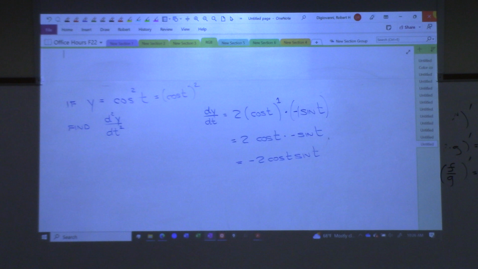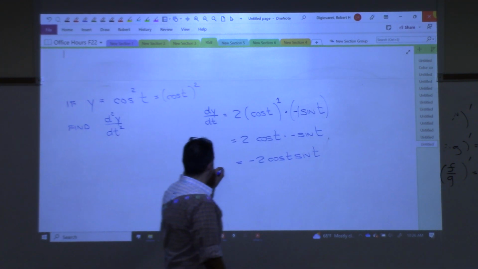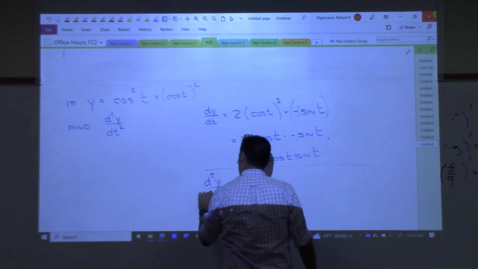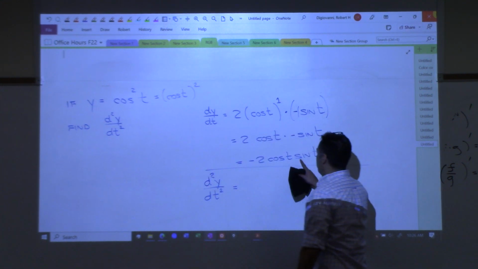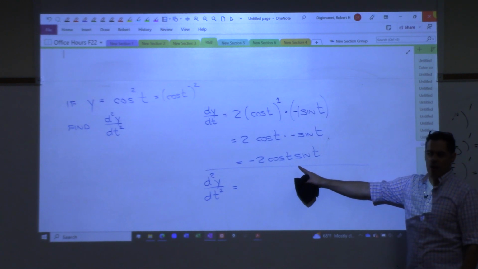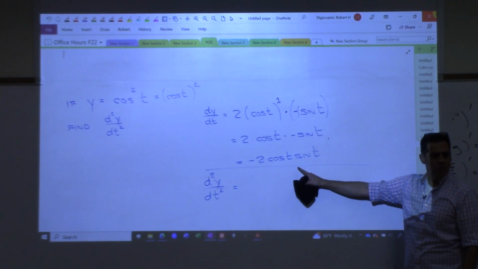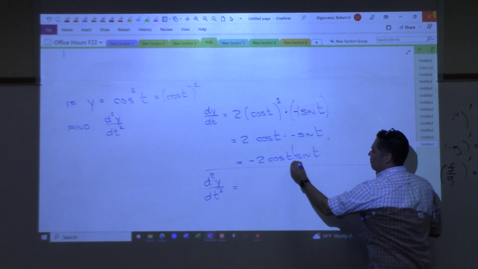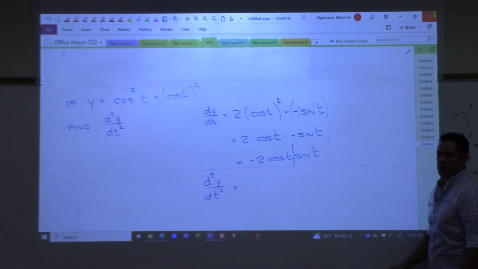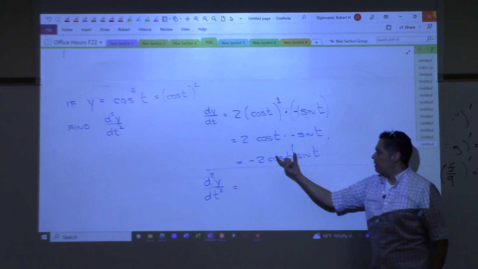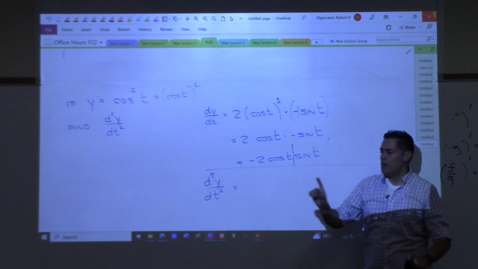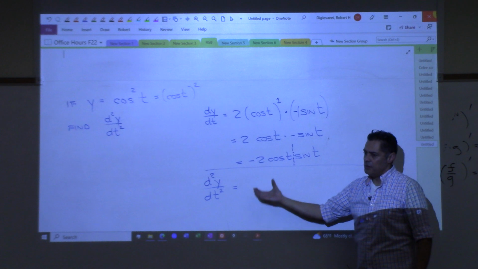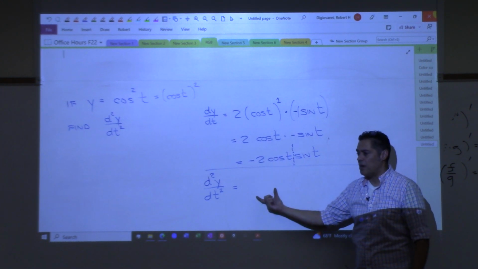Ready? Second derivative. So my second derivative will be the derivative of that. How are you going to do that? Product rule. And if it were me, I would just do my product right there. So I have this and this, 2 different functions. That -2 out here, I'm just going to attach it to the cosine because it's a constant. I'm just going to follow the rules of differentiation with constants.